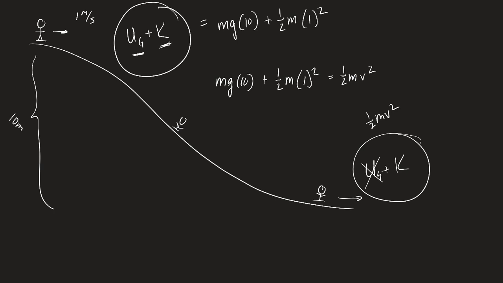So there's a mass in every term. I'm going to cancel them all out. I'm going to plug in 10 for g. And I get 201. Or I'm sorry, square root of 201.